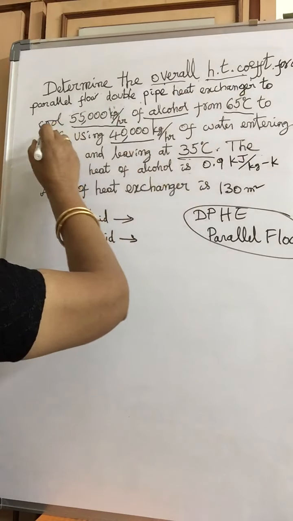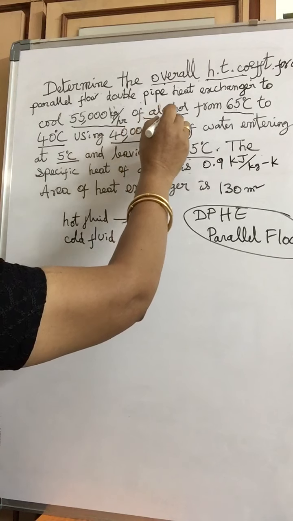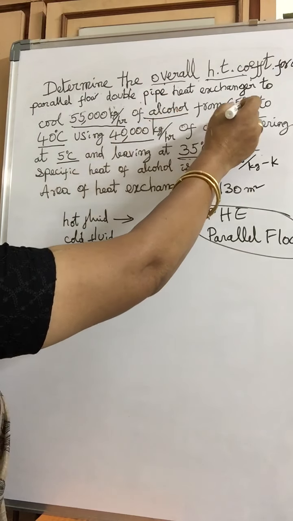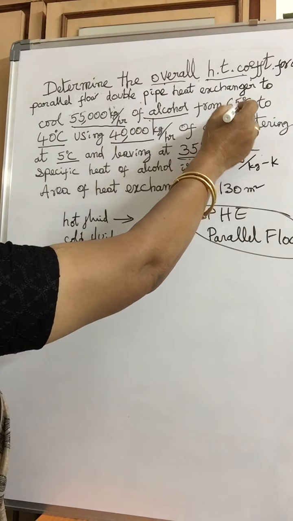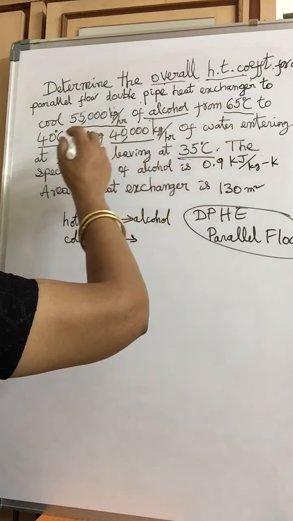Using this double pipe heat exchanger with parallel flow contact, it is desired to cool 55,000 kg per hour of alcohol. So, alcohol is to be cooled from 65 to 40. Therefore, the hot fluid is alcohol. Then, the cold fluid. How is this cooling done?